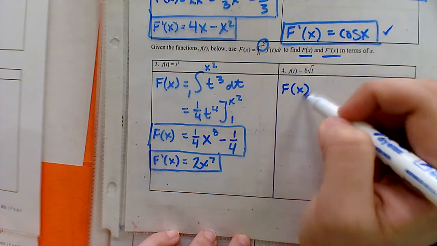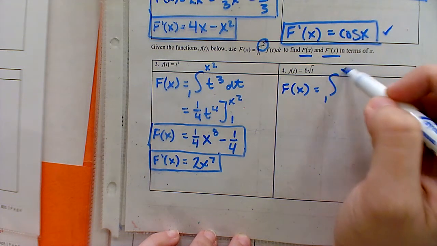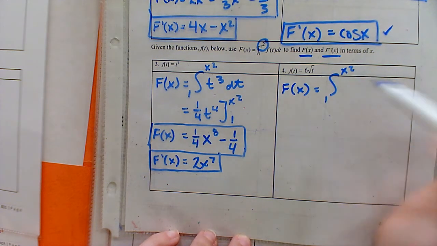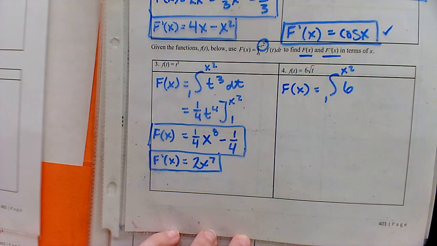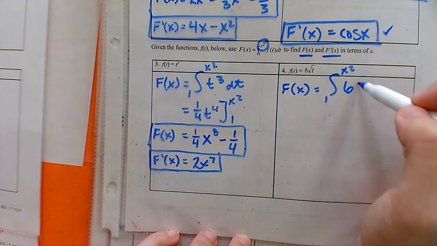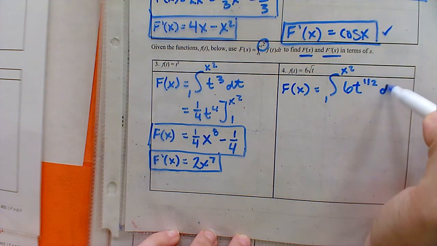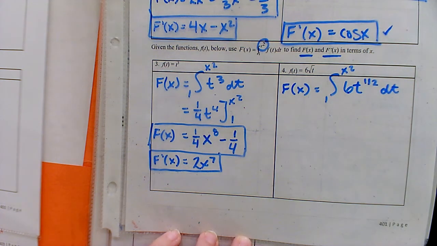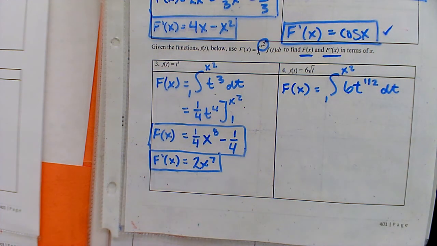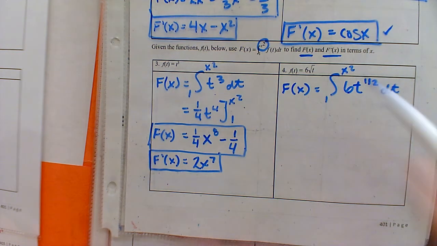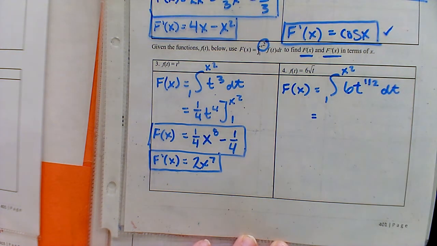So capital F, we got to integrate from 1 to x squared of 6 square root of t. Now, probably strategically, we should change the square root to a 1/2 power. That way we can easily work backwards from that. Can we work backwards?